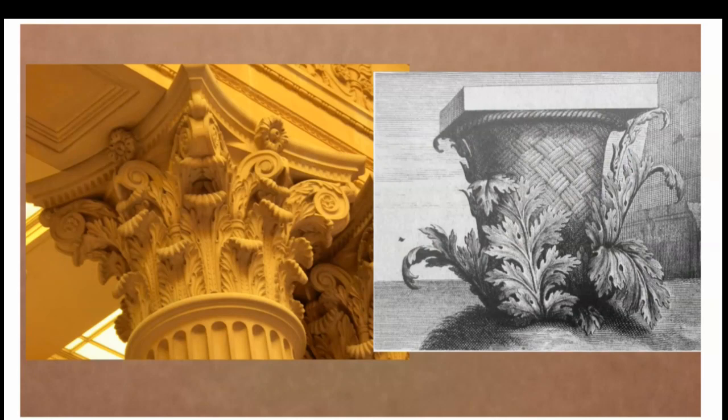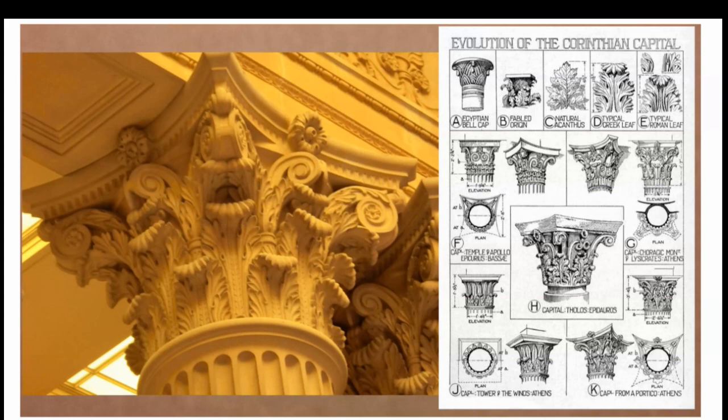And that brings us to the origin story of how this was developed. There you can see on the right the krater, like an upside down bell-shaped jar. It could have been woven, but there's also pottery, there's also stoneware from the time of that shape. And the evolution of the capital.